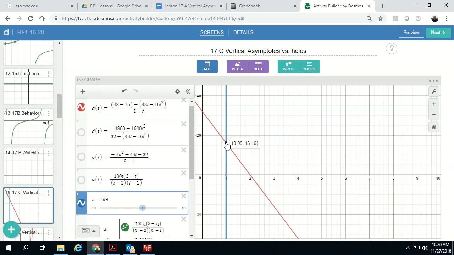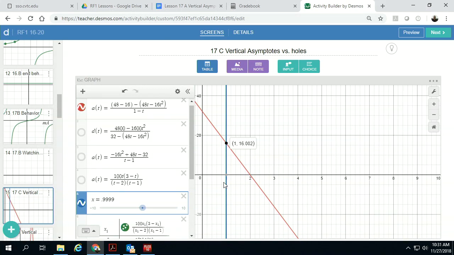A of t goes to 16.16. T goes to 0.999. 16.016. And then 4 nines. 16.002.